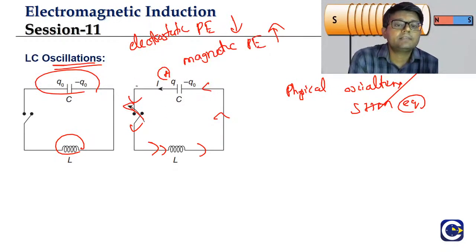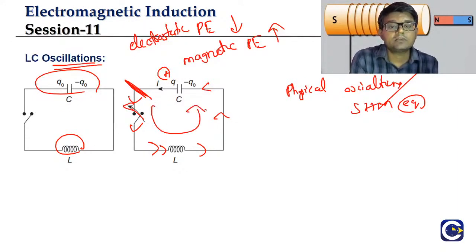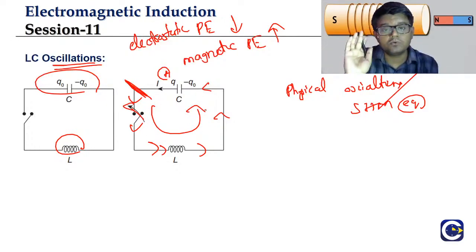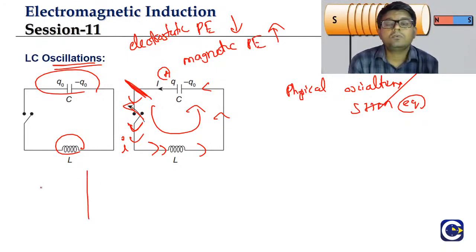So we'll start from a point, go across the circuit, and apply the Kirchhoff loop rule. Here we are going anti-clockwise, and this is the current direction. Let us say the current in the circuit is I. Look at the relation between current and the charge on the capacitor plate.